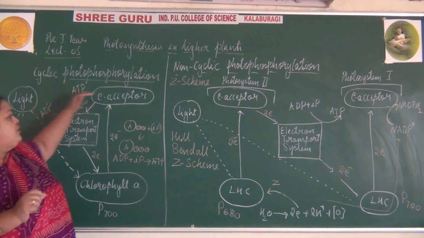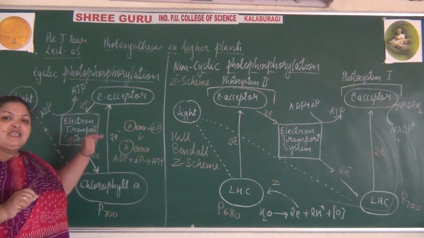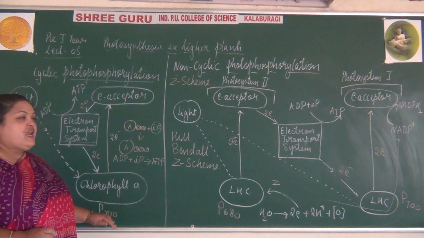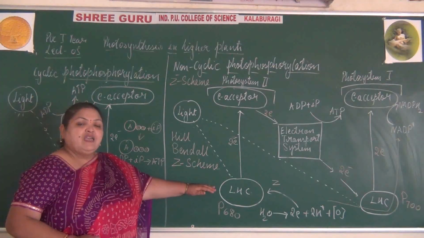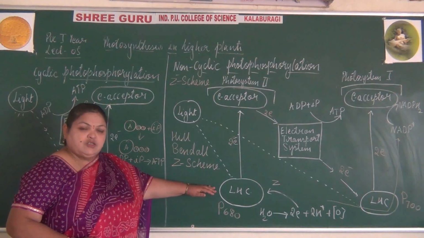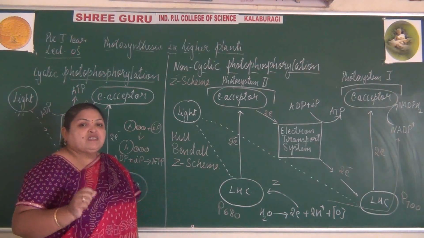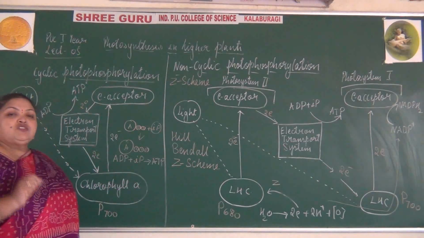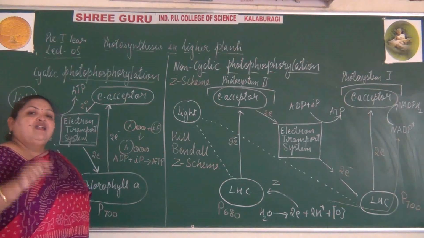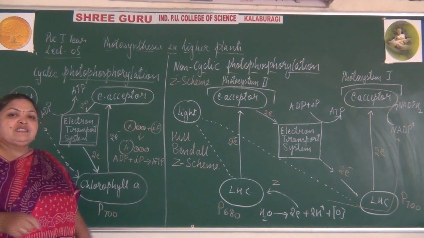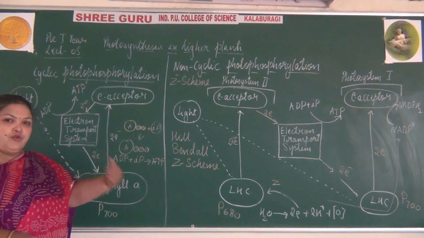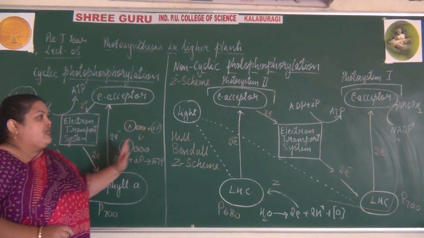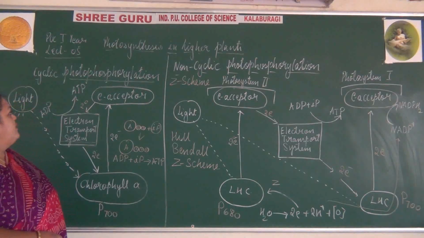Here you have to explain the schematic representation of cyclic photophosphorylation and non-cyclic photophosphorylation with a neat schematic diagram. So the very first difference, along with some external information, let us see the differences between the cyclic and the non-cyclic process.